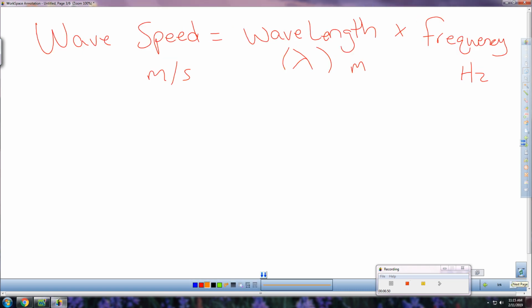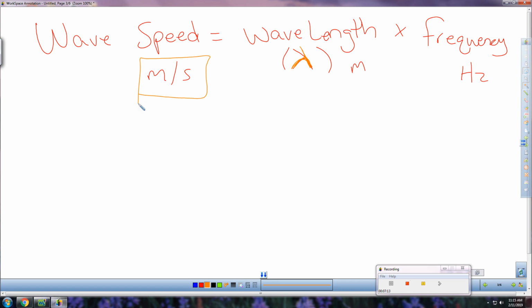All right. So how do we calculate wave speed? It's simply a function of wavelength, which this upside down looking little y kind of thing is called lambda, the Greek letter lambda, which represents wavelength, times the frequency. So how fast is it going past that point? What is the wavelength of that wave? That will tell us how fast that actual wave is moving in some form of meters per second.